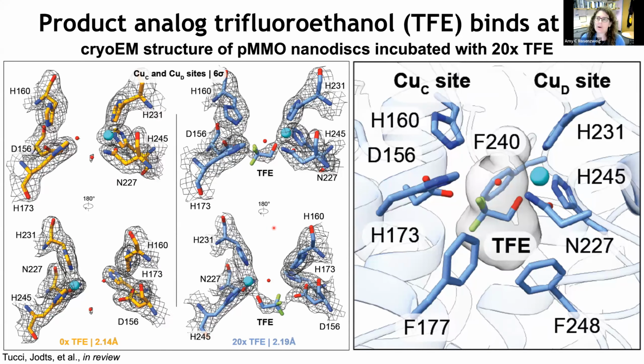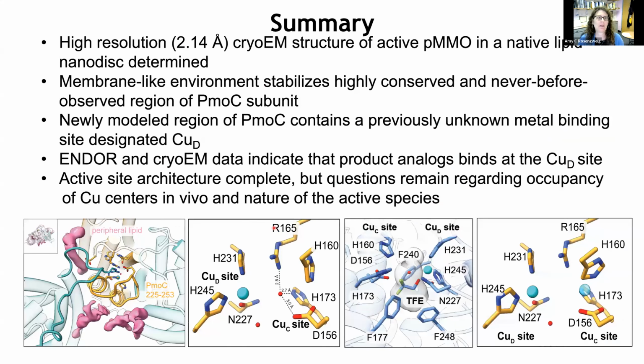All right, so I'm going to stop there. Let me just sum up what I've told you. We were able to get a structure of the active form of PMMO using cryo-EM and native lipid nanodiscs. That showed us a highly conserved and never before observed region of the PMO-C subunit.